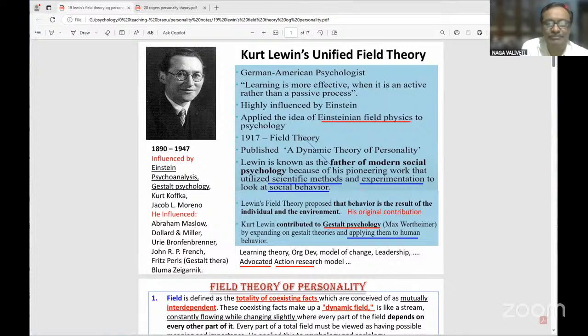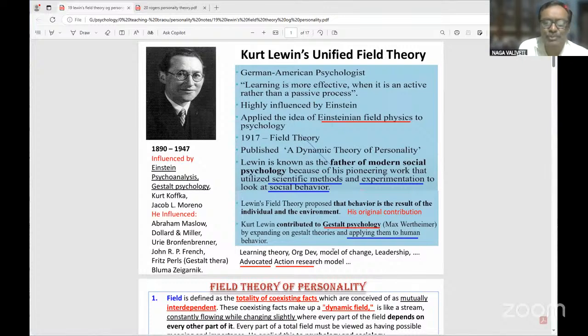So coming back, how he influenced psychology, he is basically a social psychologist. He is called the father of modern social psychology. He contributed to change management, and also the approach of field theory, the approach of the action research model, simultaneous research as well as action expression.